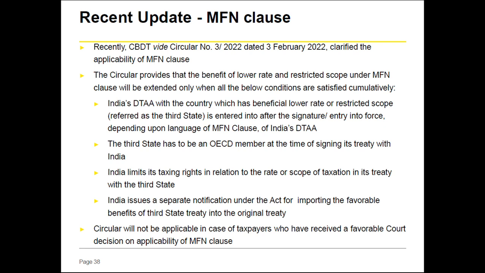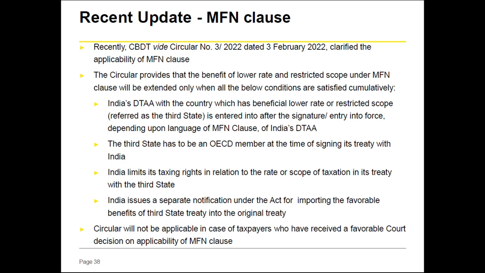There is a recent circular regarding the most favored nation clause. The circular provides that the benefit of a lower rate or restricted scope under the most favored nation clause will be extended only when all the below conditions are satisfied cumulatively. India's DTAA with the country which has the beneficial lower rate or restricted scope is entered into after signature or entry into force, depending upon the language of the most favored nation clause.